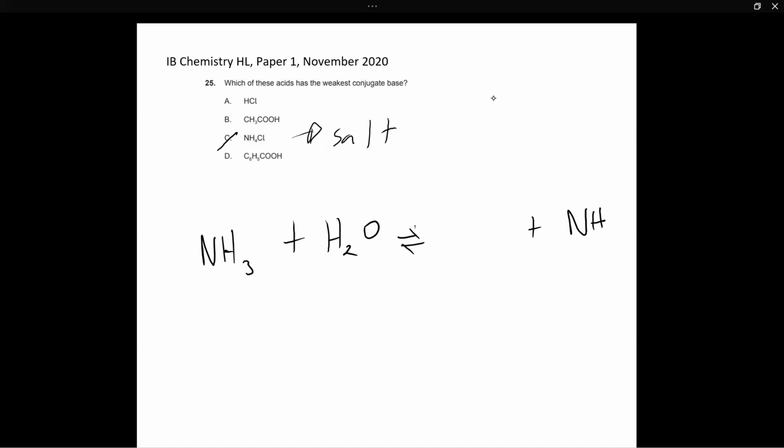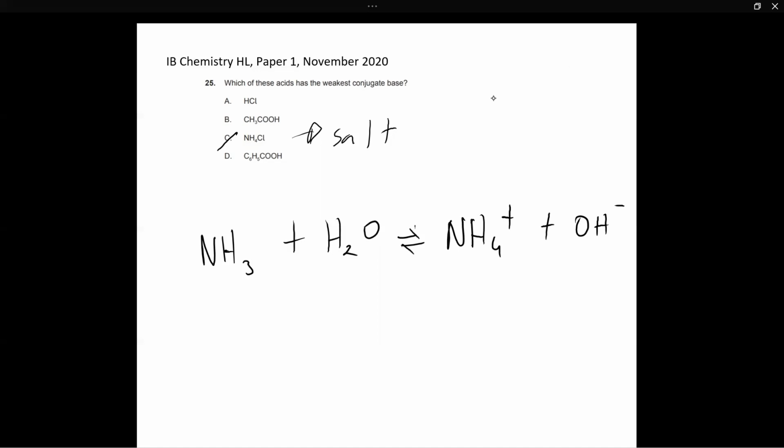Oh, sorry, my apologies, I have done that wrong. It's actually NH4 plus. Now, in this equation, we can actually define what a conjugate base and a conjugate acid is.